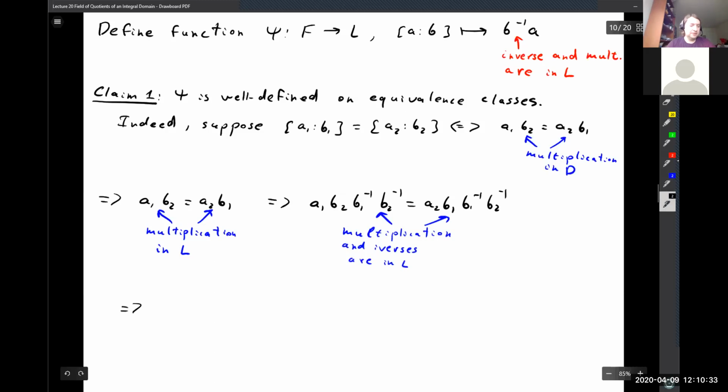And from here, we conclude that A1 B1 inverse is equal to A2 B2 inverse.